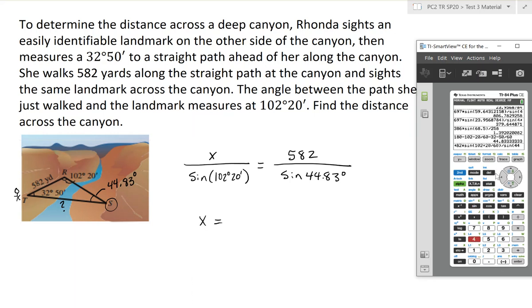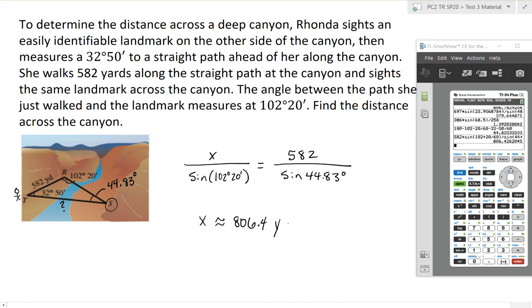Oh, we don't want to put 44.83. We need to actually go up and use that so we don't have that round off error, and we get about 806.4, and that is in yards.